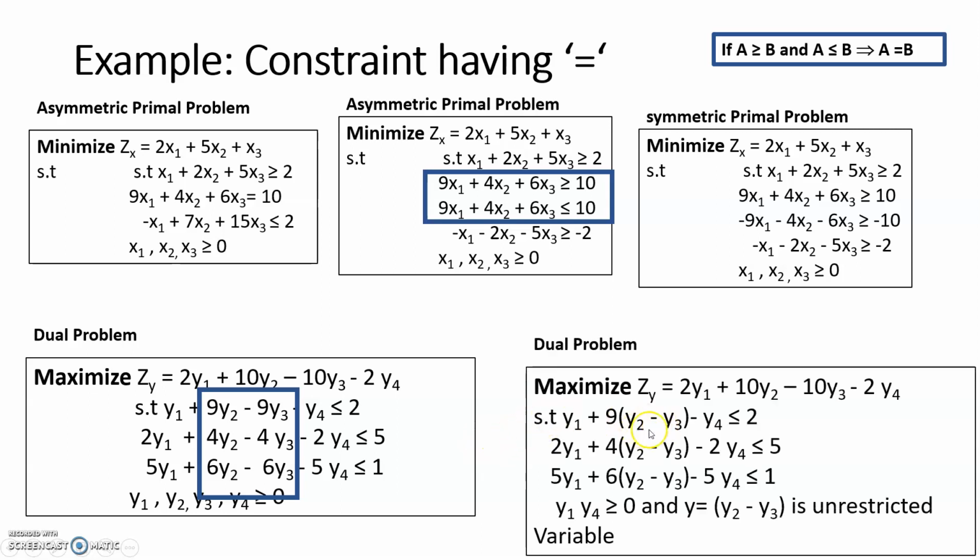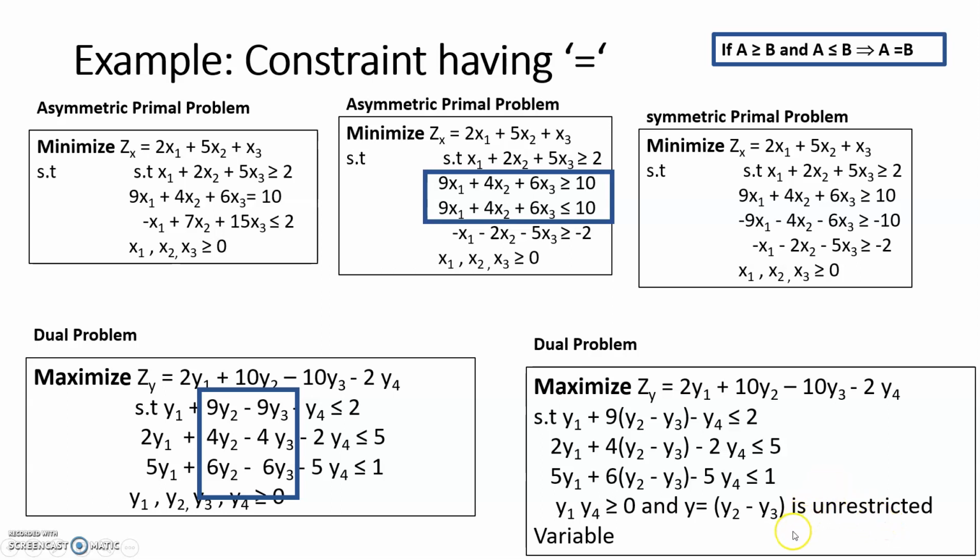If we consider y2 minus y3 as a single variable, say y, what is the behavior of y in terms of the sign of its value? If y2 is greater than y3, then y is positive, and if y2 is less than y3, then y is negative. So a variable which can take any value, 0, positive or negative, is known as an unrestricted variable.